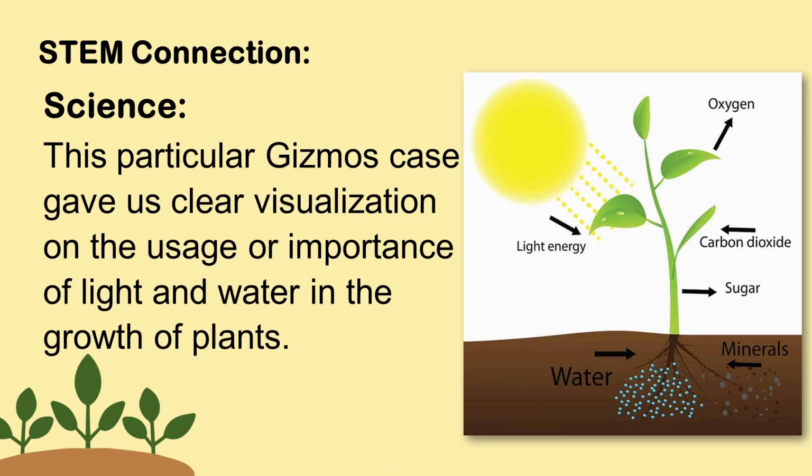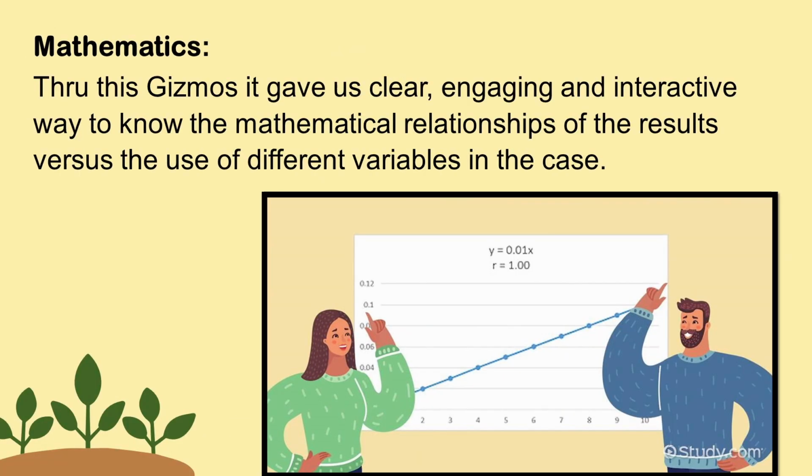How about the Gizmos connection to science, math, and engineering? For science, this particular Gizmos case gave us a clear visualization of the usage and importance of light and water in the growth of plants. Mathematics: through this Gizmos, it gave us a clear, engaging, and interactive way to know the mathematical relationship of the results versus the use of different variables in the case.